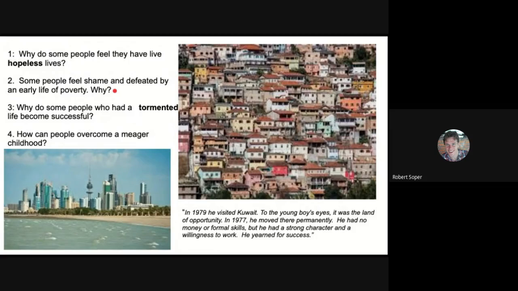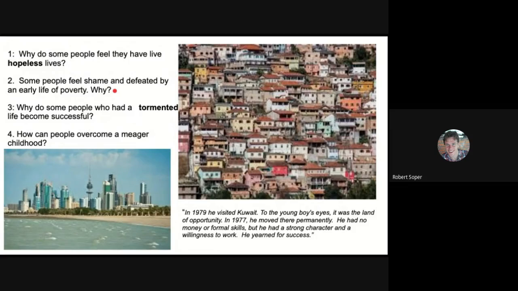Remember, the more opportunities you have, the more confident you feel about your own abilities. And many people who come from poverty, because they have less chances in life, will begin to feel that they don't have the ability to succeed in life. And this will increase their level of shame.